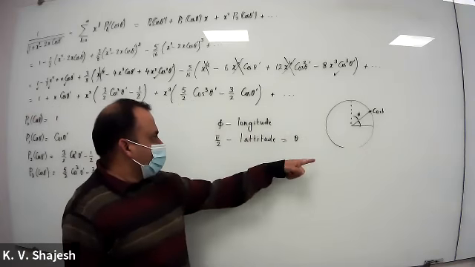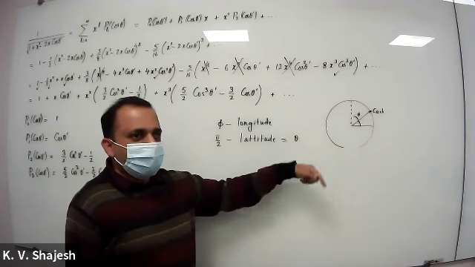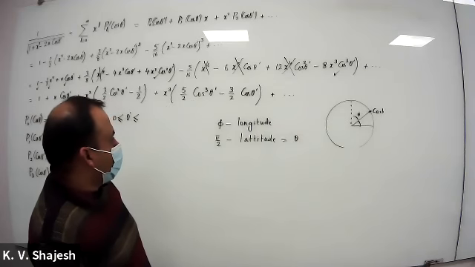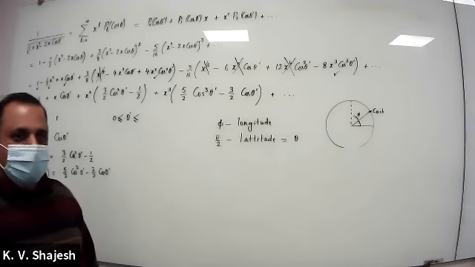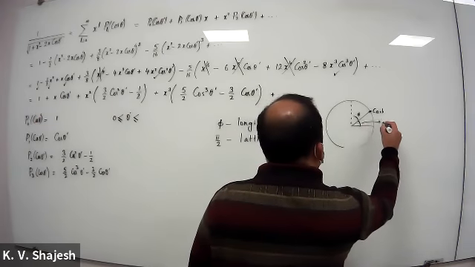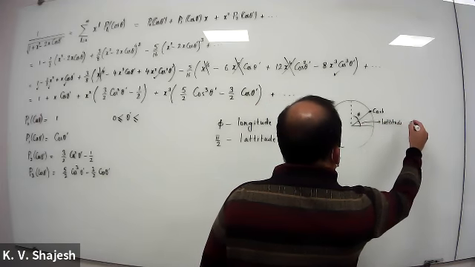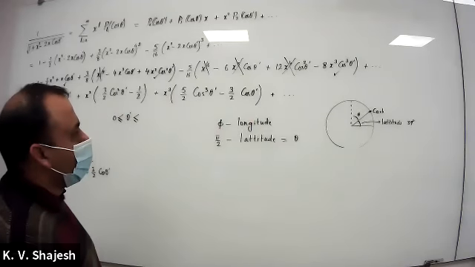Add this angle to that. So pi by 2 minus theta is the latitude. That's approximately 39 degrees, let's say 40, I might be wrong.